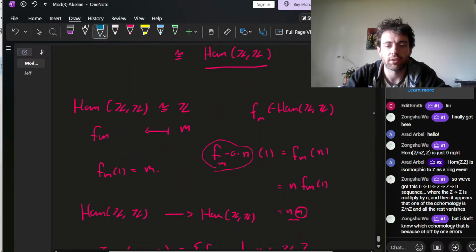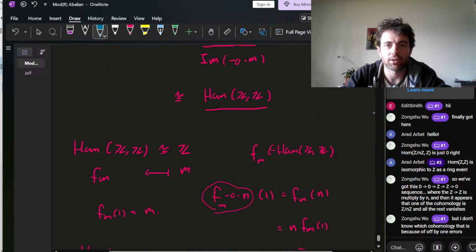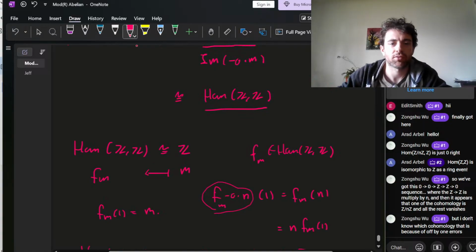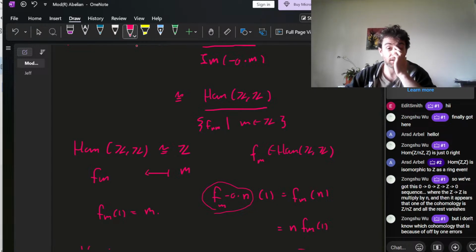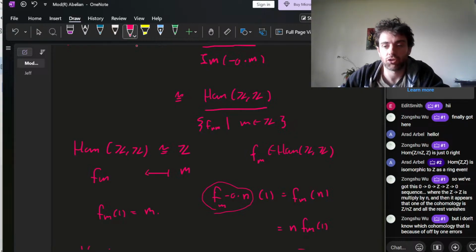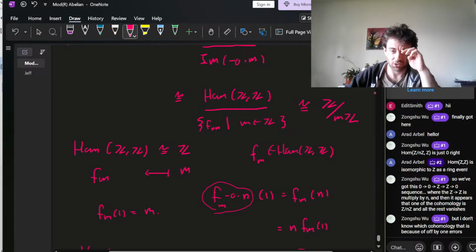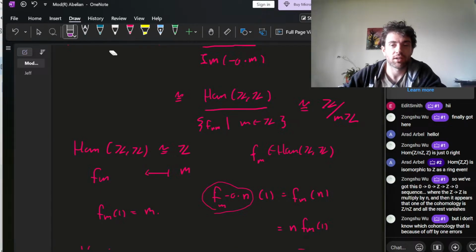So finally we have our image here, right? This is f sub n m, such that m ranges over all the integers, and I suppose we should be a little more technically precise here, but hopefully it's not hard to see that surely this is Z modulo nZ.